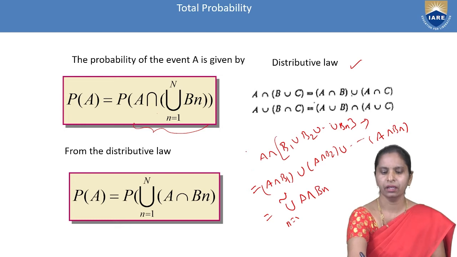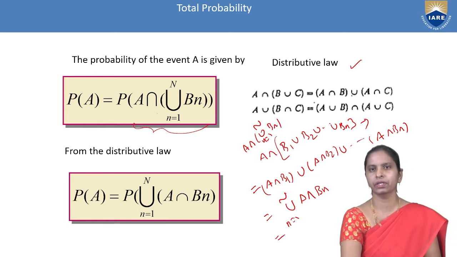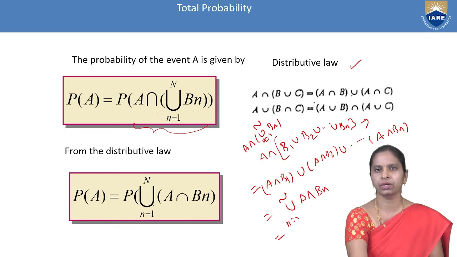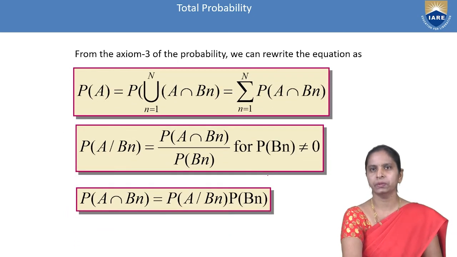Therefore, I am writing A intersection union of n equals 1 to n Bn is equal to union of n equals 1 to n A intersection Bn. Therefore, by using the distributive law, I have replaced this term by union of n equals 1 to n A intersection Bn. Now, after writing this, I have to apply the third axiom of the probability.